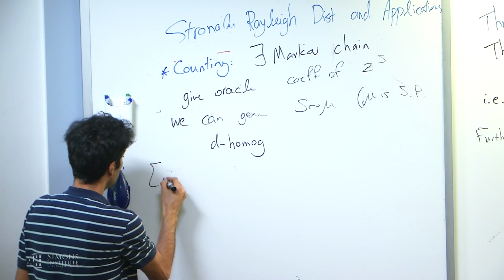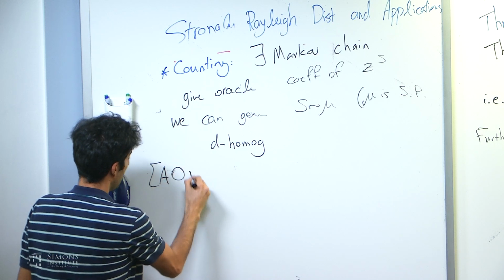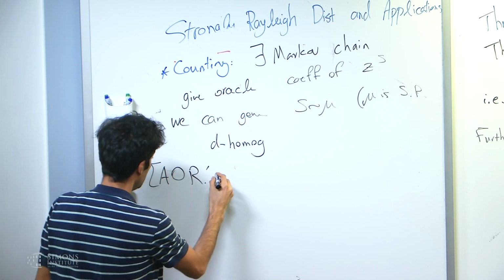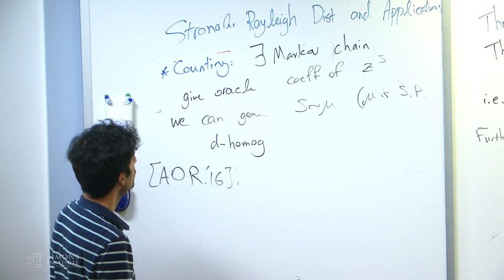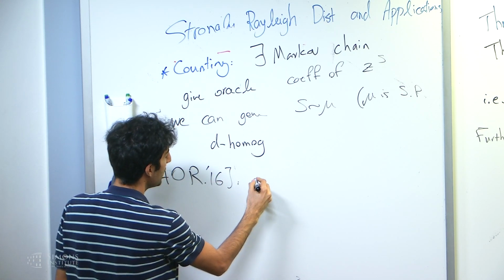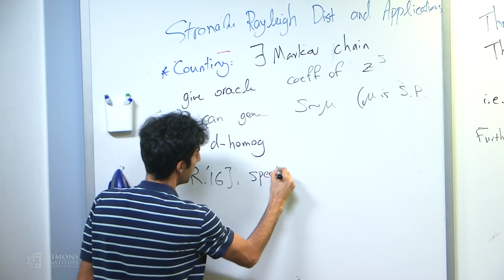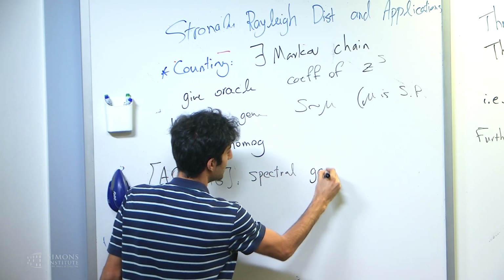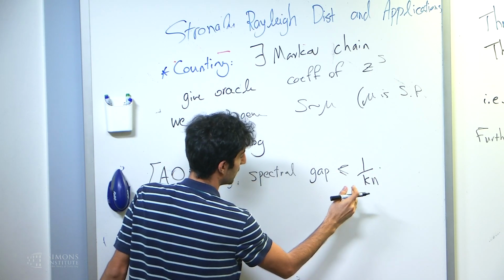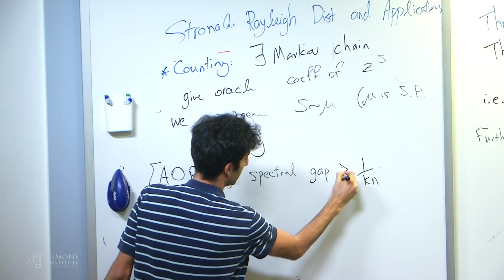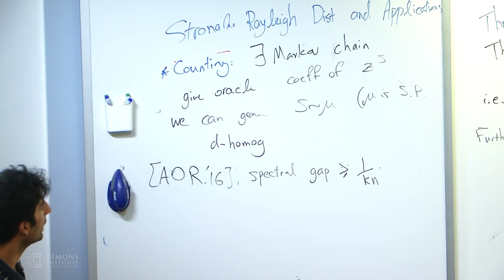And we proved, in a work with Nima and Rezai, from '16, my student, that the spectral gap of this chain is at least 1 over Kn. Sorry, dn.